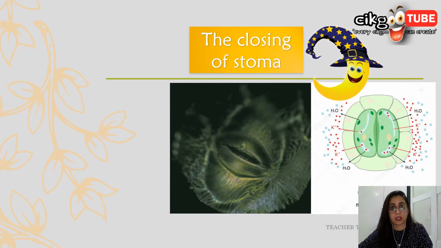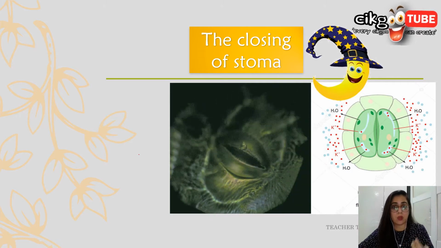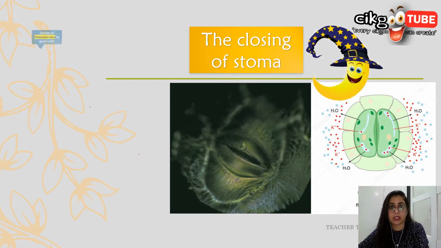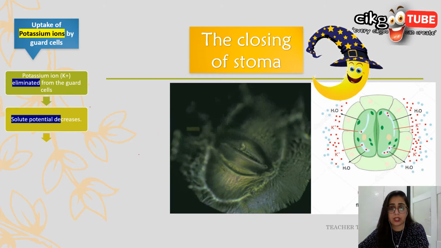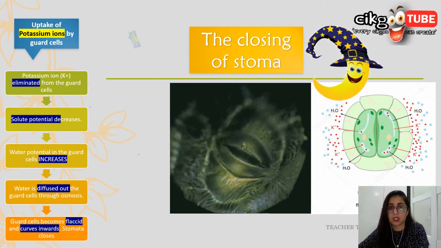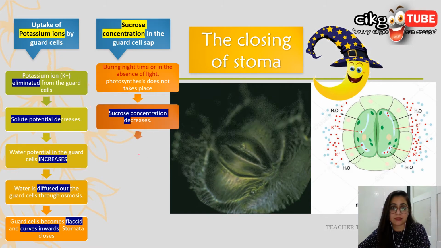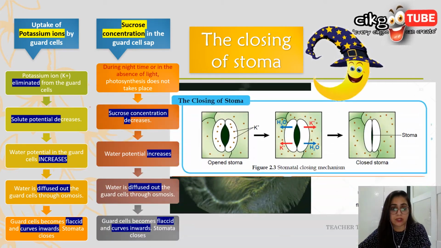Now, the closing of stoma happens when there is a low concentration of sucrose in the guard cells, at night or in the absence of photosynthesis, where photosynthesis does not take place. So the sucrose concentration in the guard cells decreases.